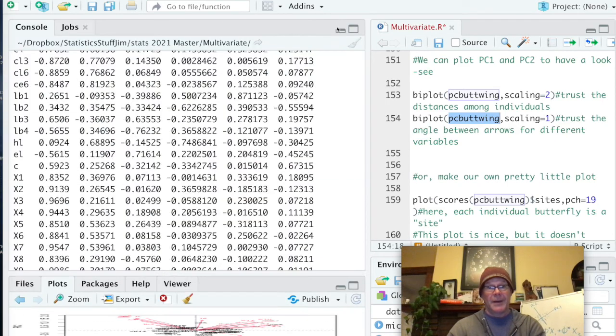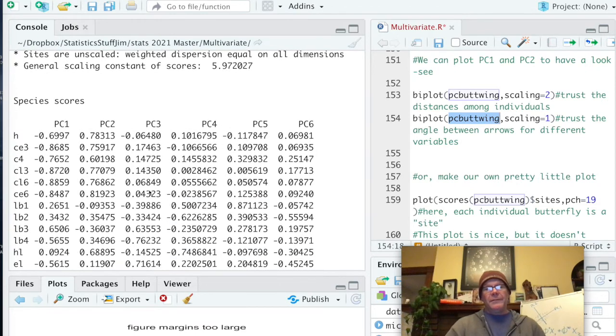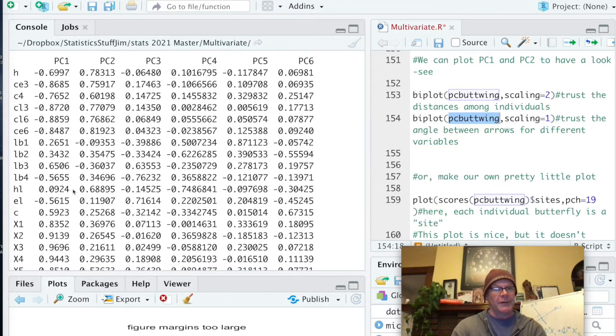And then I want to look back here. You can use those arrows to think about which are the important ones that deserve a second look. Or we could just look at the numbers and look at the magnitude of the numbers. You can see something like HL. Remember I said HL clearly wasn't very strongly correlated at all with PC1.